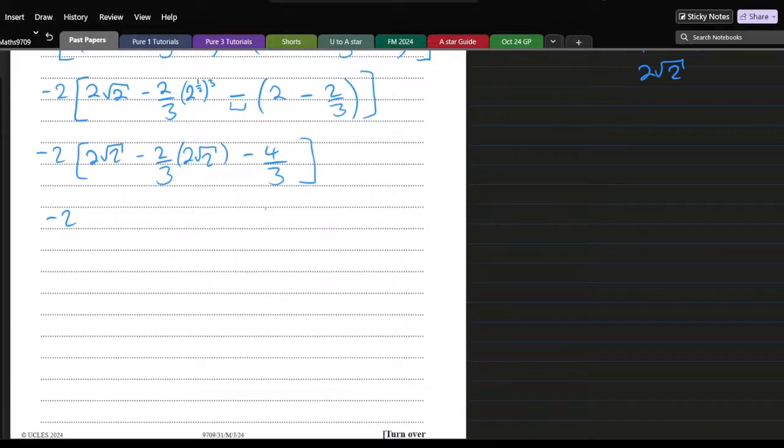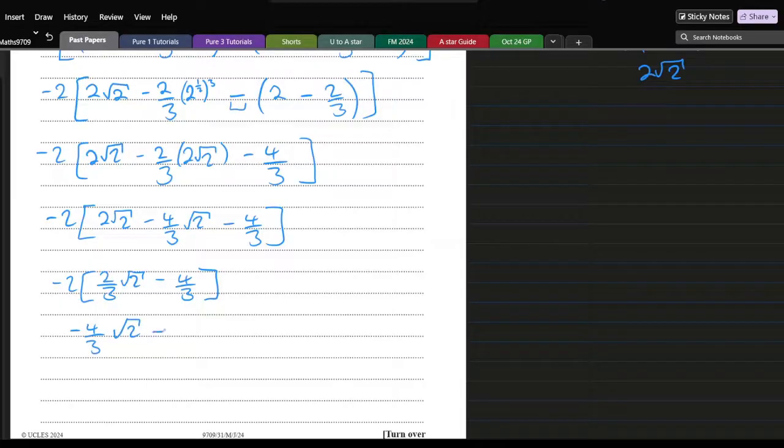So that's negative 2 times, we've got 2 root 2 minus 4/3 root 2 minus 4/3, so that's negative 2, and we've got 2 minus 4/3, so this is 2/3 root 2 minus 4/3, and then we can multiply through by 2 to get negative 4/3 root 2 plus 8 over 3, and this here is our final answer.